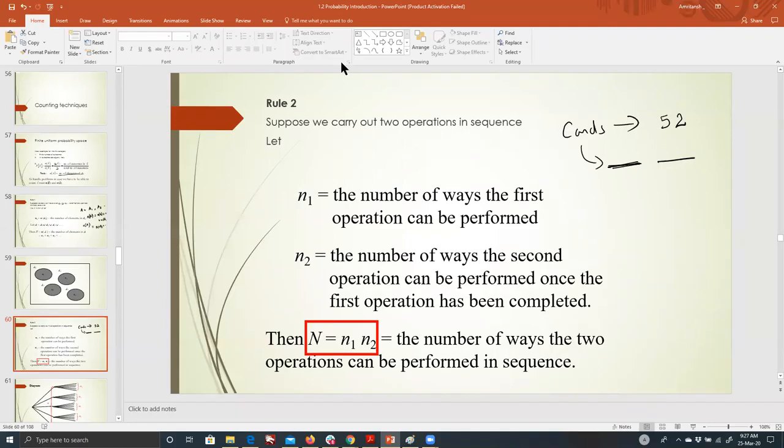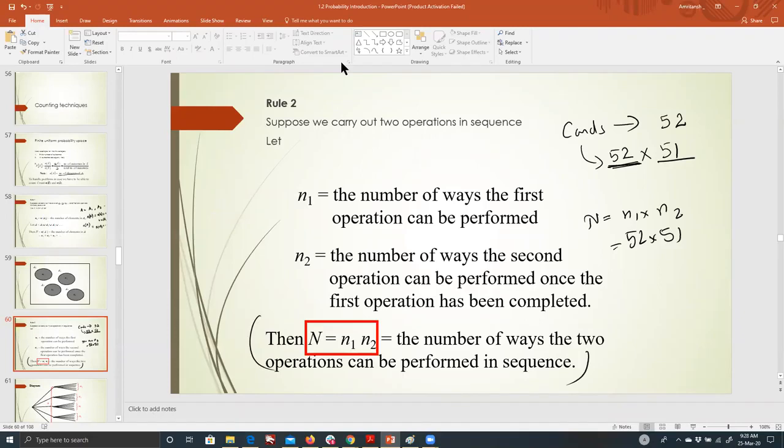How many options do you have? 52 ways. Very good. But now you took one card and there is no replacement. So you do not replace that card with anything else. So what is the next one? 51. Very good. So the number of ways you can take two cards one by one is 52 times 51, and that would be the n.